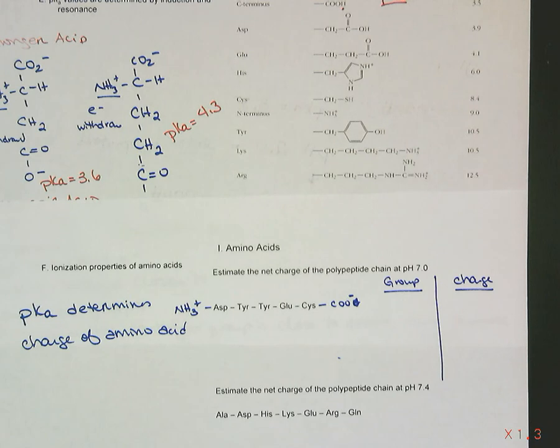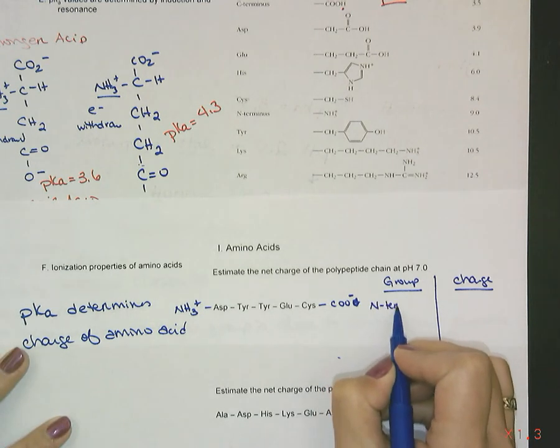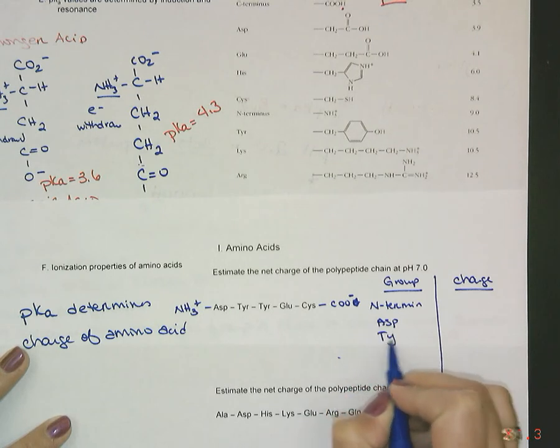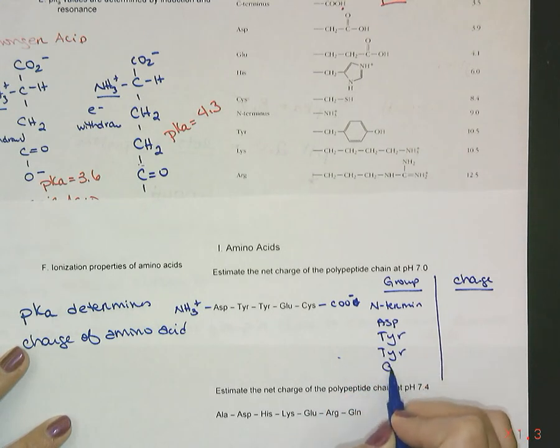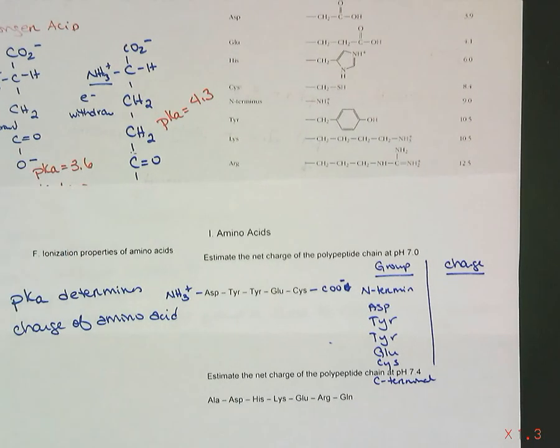Group and charge. All right, so I didn't leave myself enough space. So the groups are moving along my polypeptide from left to right.